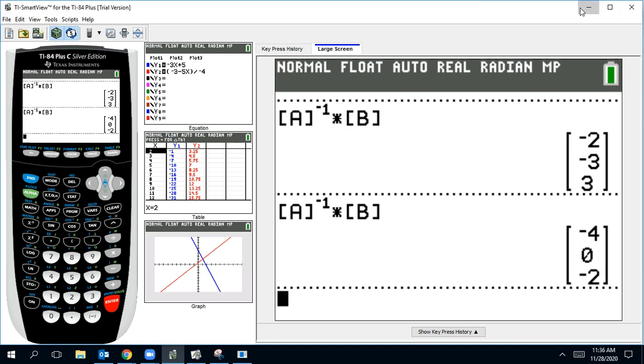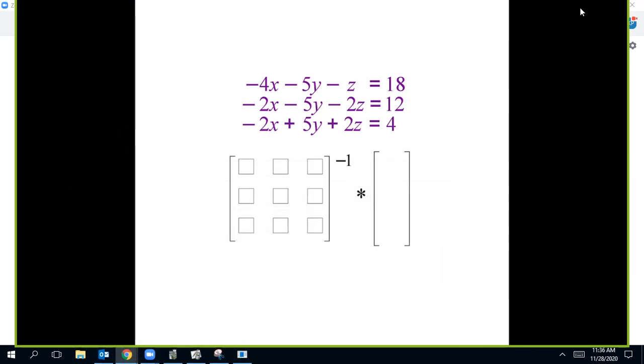And so if we wanted to fill this in, should have maybe -4, -5, -1, -2, -5, -2, -2, 5, 2, 18, 12, 4, and that gets us 4, 0, and -2.